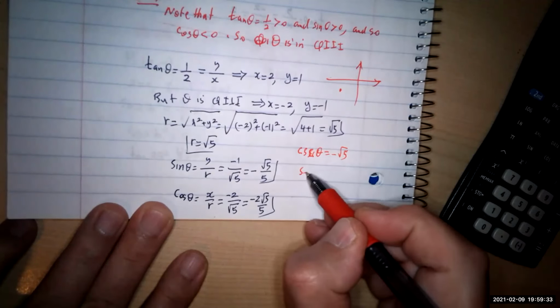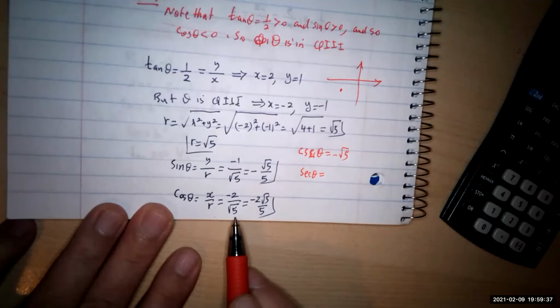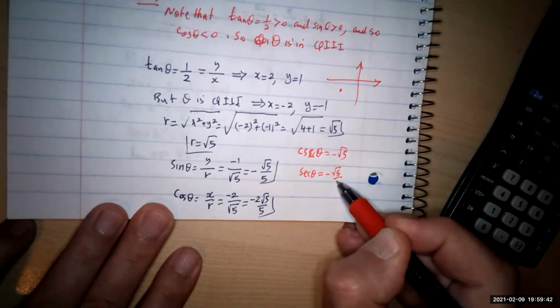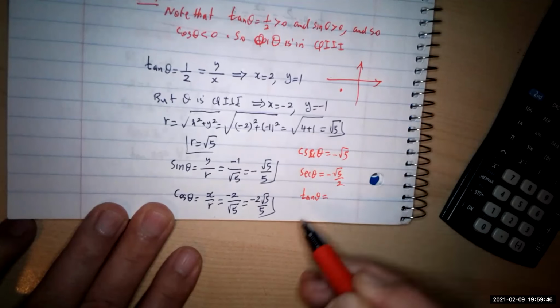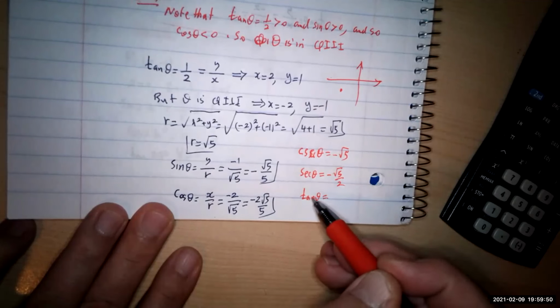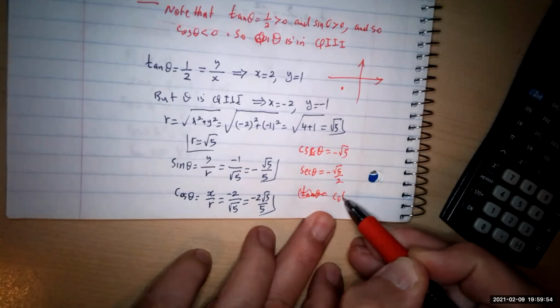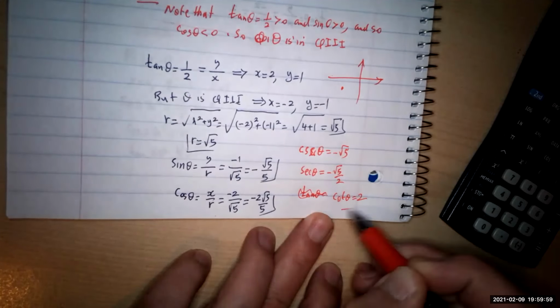Secant is the reciprocal of the cosine, which is negative radical 5 over 2. Tangent, sorry, cotan. I need the cotan. Sorry, I have the tangent. So cotan is the reciprocal of the tangent, which is equal to 2.